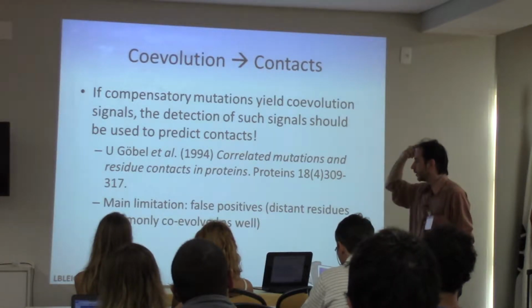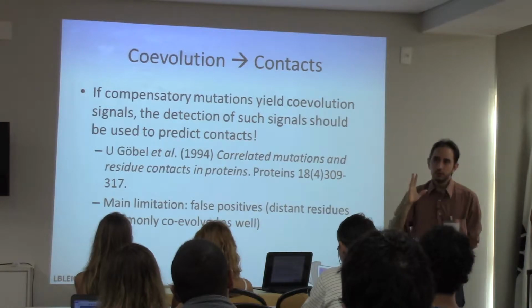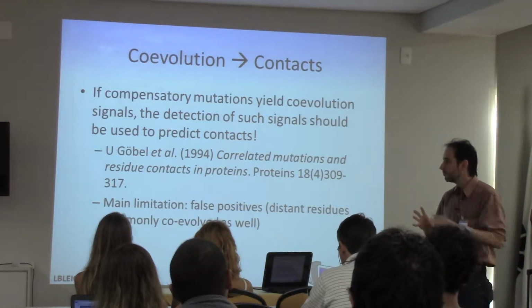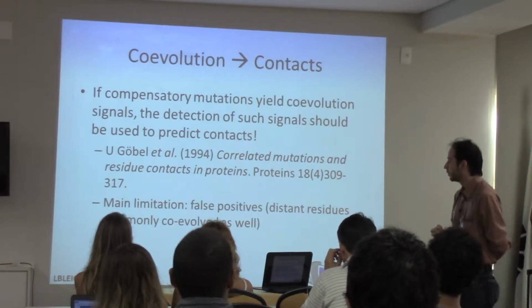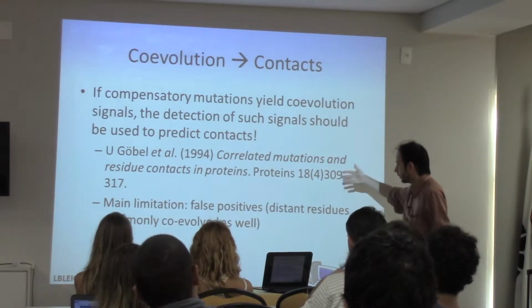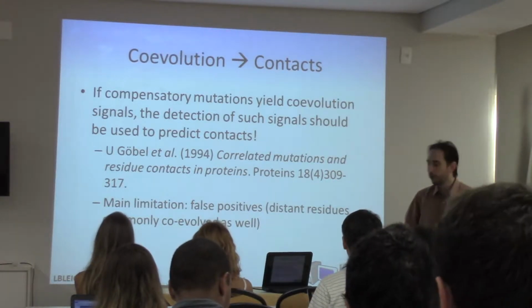This was suggested in 1994, but by that time he already noticed that it was not quite efficient because there was a big rate of false positives, these being distant residues in the structure which coevolved as well.